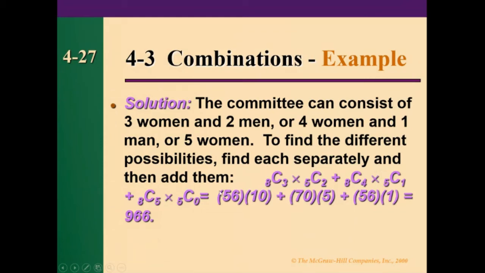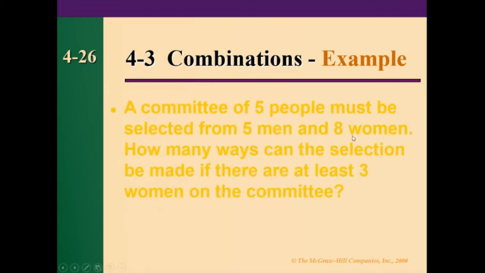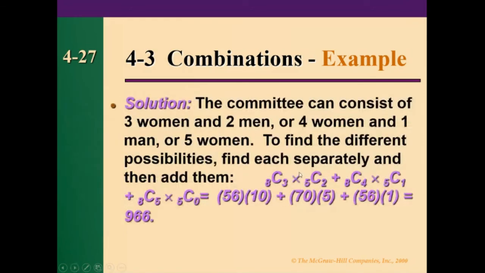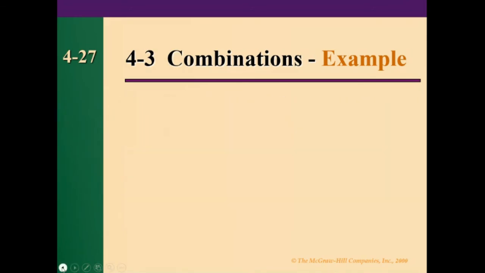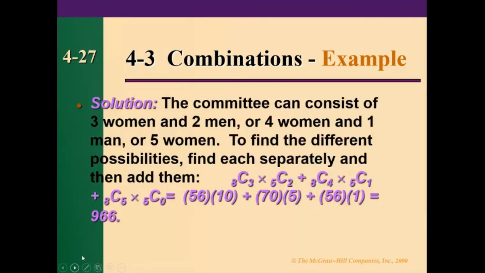Ayan. So, yung kanina, kasi ano siya, 8 women tapos at least 3, di ba? O, tingnan nyo. At least 3, pero ang kailangan ay 5 people sa committee. So, dapat ang sum nun ay 5.